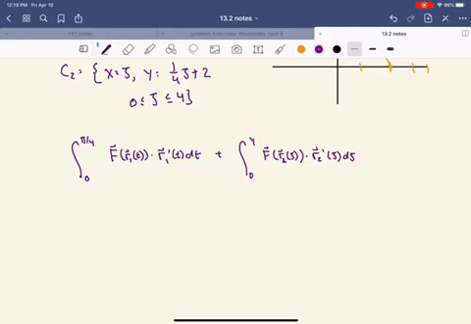Now, you don't really need to change the variable because it's inside of the integral, so it doesn't really matter. But I just wanted to do it so that we have different integrals here.